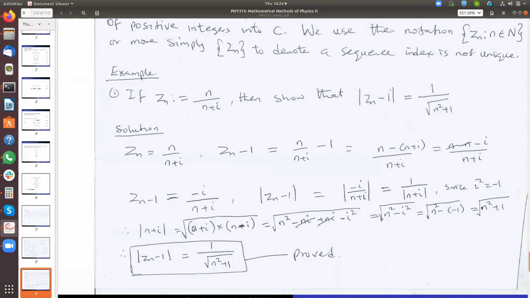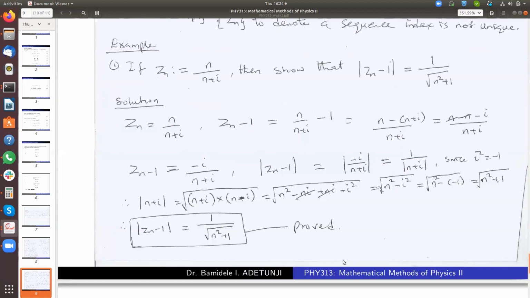Now if you proceed, the modulus of n plus i, we can write it in this form, like multiplying the two together. Then if you simplify it, you end up having n squared plus 1. So you now realize that the modulus of Zn minus 1 equals 1 over the square root of n squared plus 1, which we have established here. Hope this is clear.